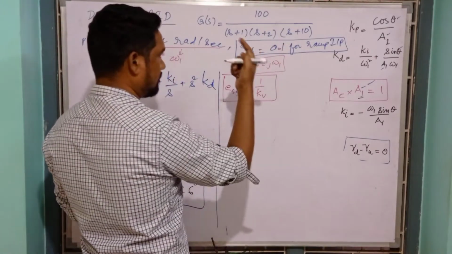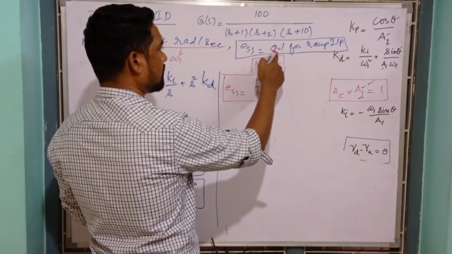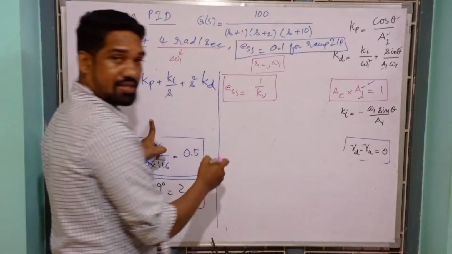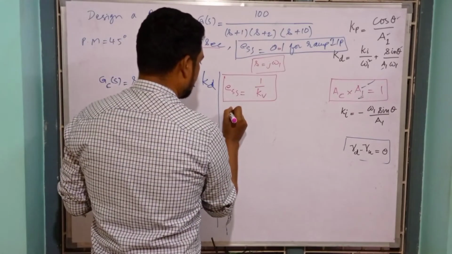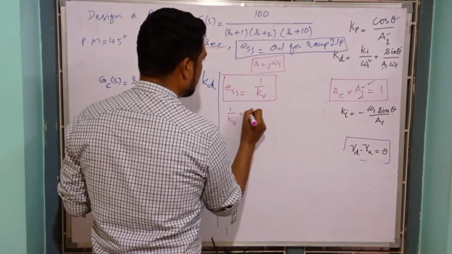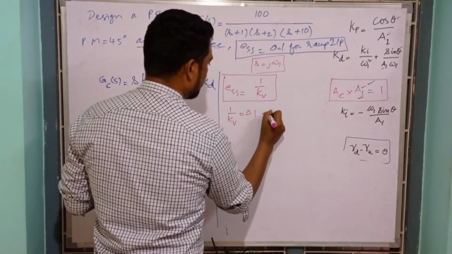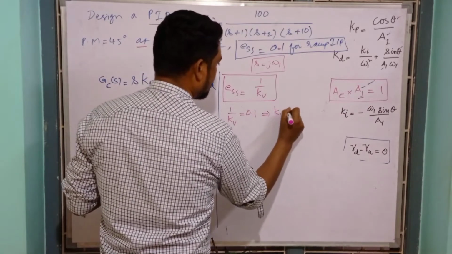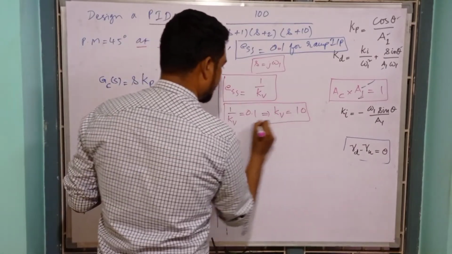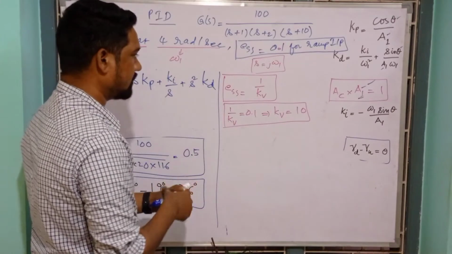I mean, the design should be in such a way that steady state error is 0.1 for a ramp input. So plugging in the value of ESS, 1 by kV is equal to 0.1, which implies kV equal to 10. So from these expressions, kV will be equal to 10.